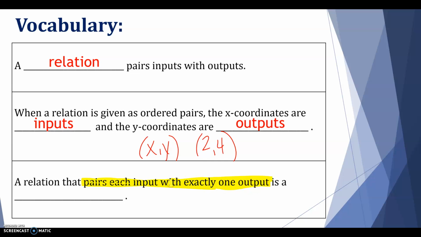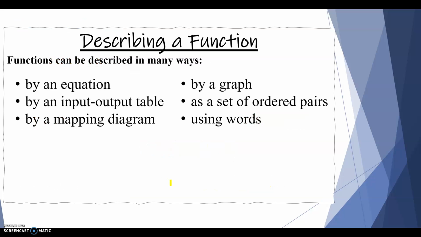If that happens, it is then called a function. Okay? So here are some different ways of describing a function. A function can be described as an equation, an input-output table, which you'll see today, a mapping diagram, which you'll also see today, a graph that you'll see, a set of ordered pairs, and then using words. So there are 6 different ways that you can see a function described.